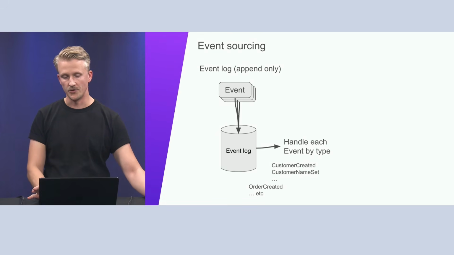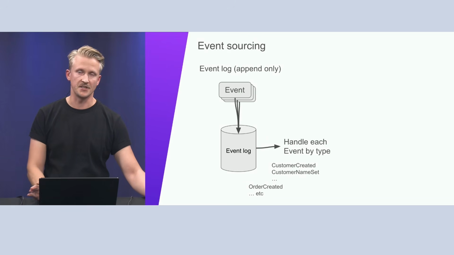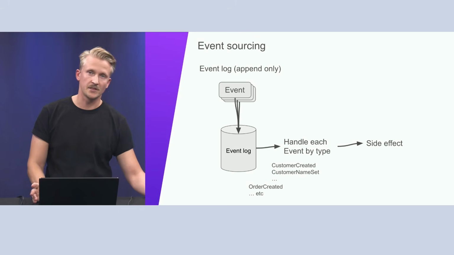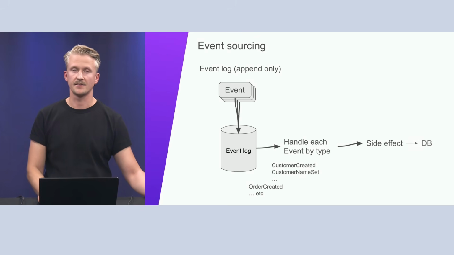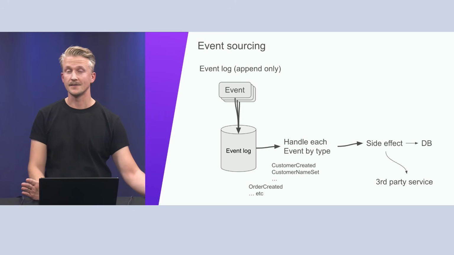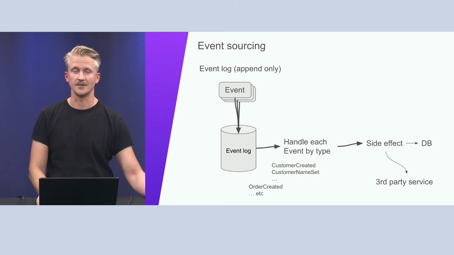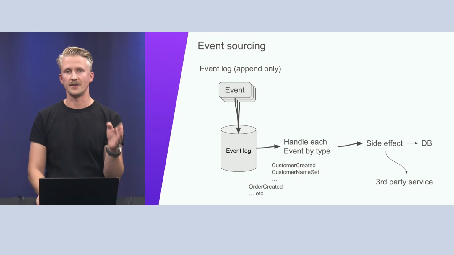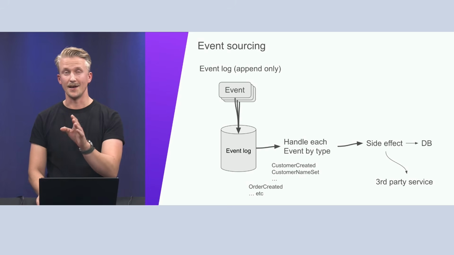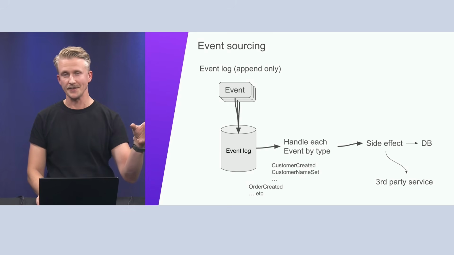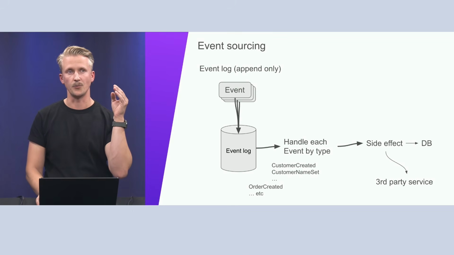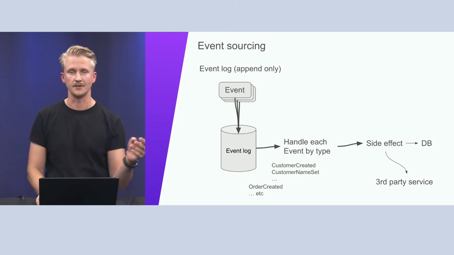Then you have a listener that handles each and every event, and you do some data transforming, you might do some side effects, it might end up in the database, it might be a third-party service that gets contacted. But this is usually the flow that you're looking at in an event sourced system, not touching on the querying part of everything, but the feeding into the system with events containing data of different kinds.